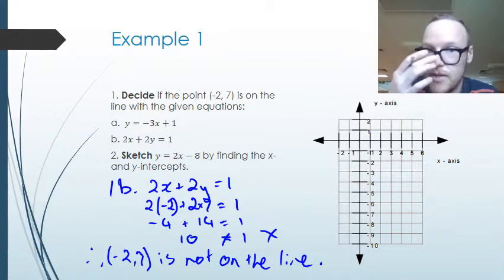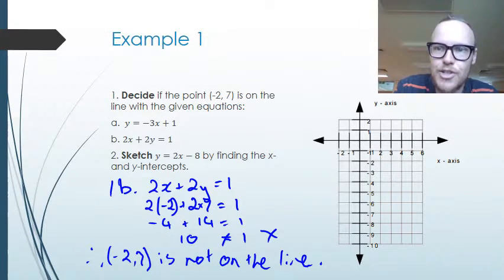So that point -2, 7 is not on the line of that linear relation.